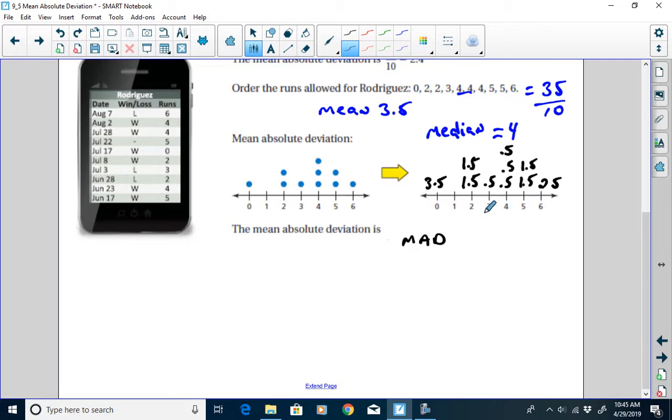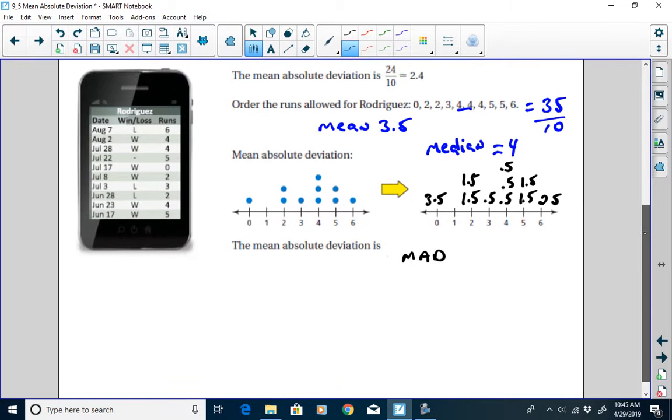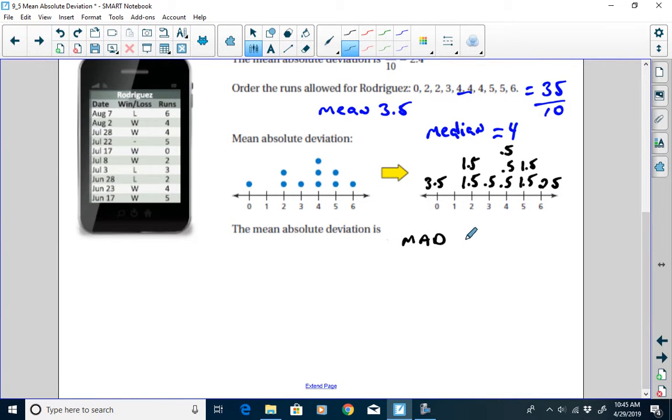Press equals. We get a total of 14. So our total is 14, and we have to divide that 14 by 10. So we get 14 over 10, which is 1.4 for our mean absolute deviation.